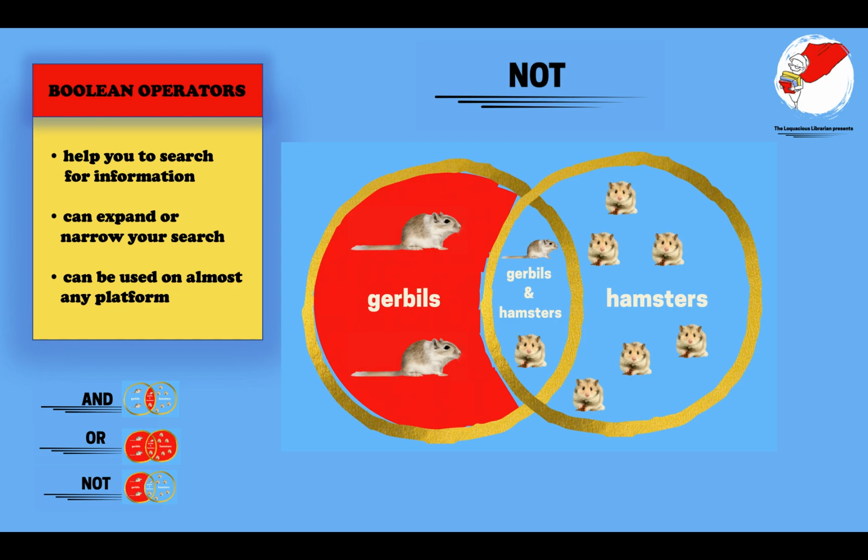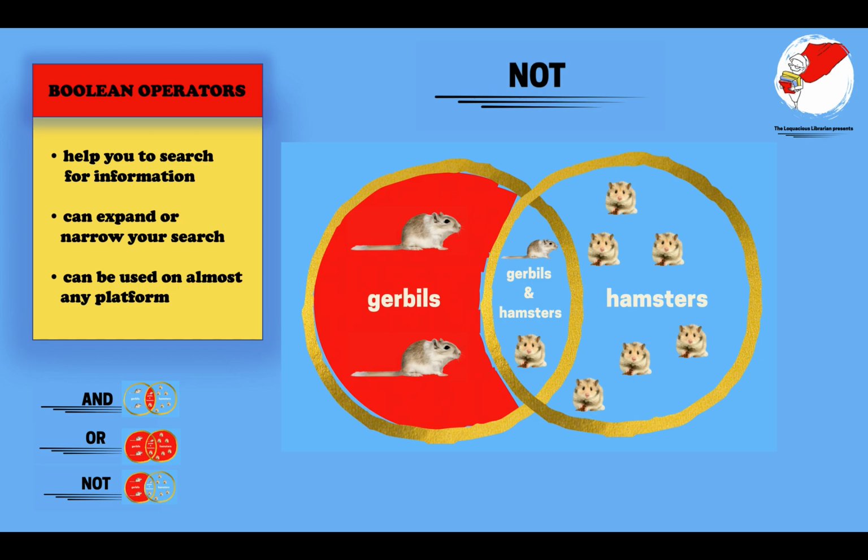To recap, using the Boolean operator NOT negates a search term, while using the Boolean operator OR expands your search, and using the Boolean operator AND narrows your search. Using Boolean operators AND, OR, and NOT is a simple yet effective search strategy to enhance any search.